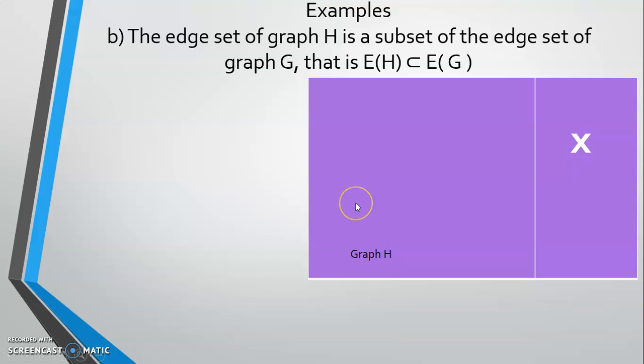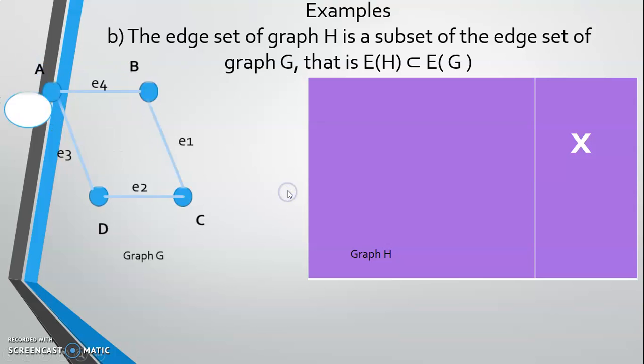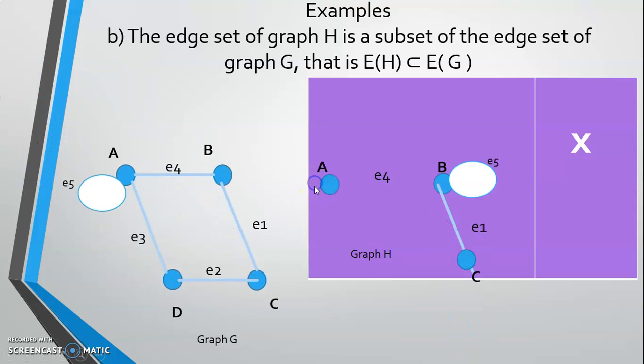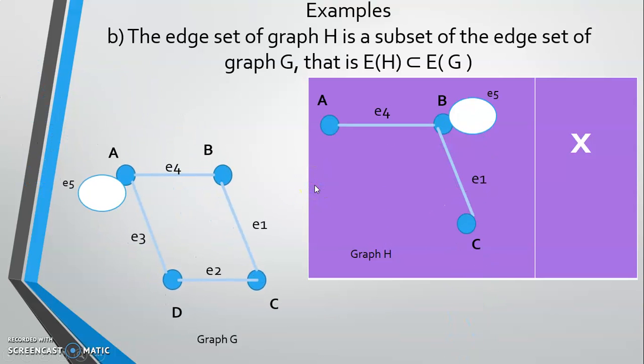Same also, we look at the third example for B. Okay, this is not a subgraph. You can see very clearly, right? The loop of the graph is at A, but here in graph H they give you the loop at D. So this is exactly wrong.